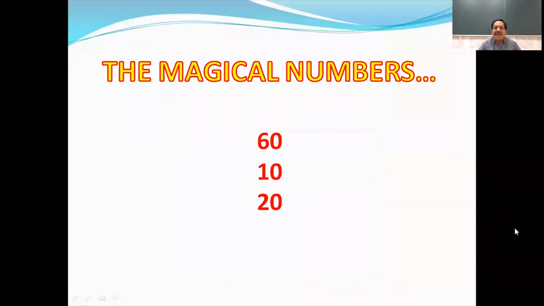Now coming to the magical numbers. What are these magical numbers? They are all in minutes: 60 minutes, 10 minutes, and 20%. Suppose somebody suffers a burn, especially this applies to the limbs.